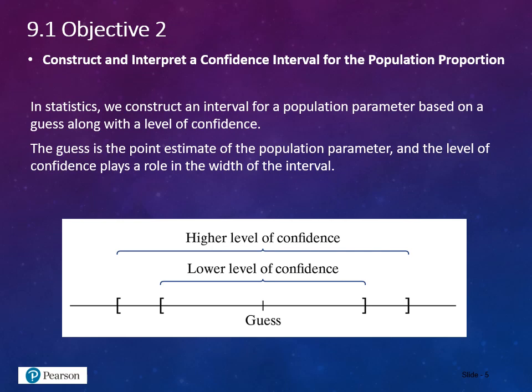Our second objective is to construct and interpret a confidence interval for the population proportion. In statistics, we construct an interval for a population parameter based on a guess along with a level of confidence. The guess is what we just figured out, which was that point estimate.